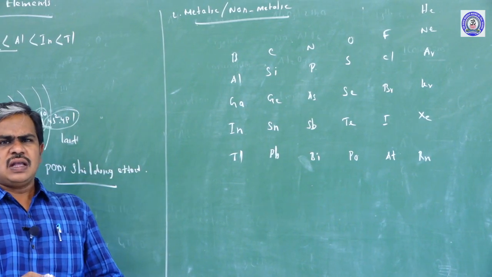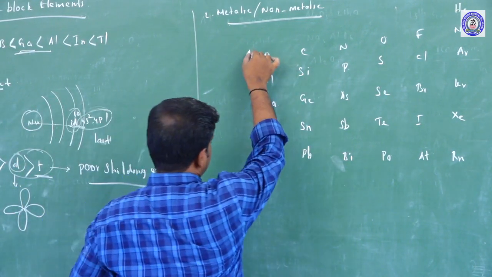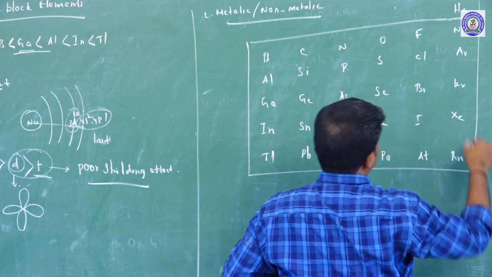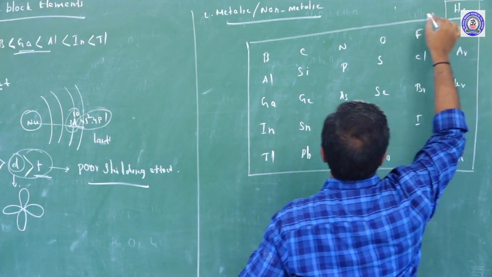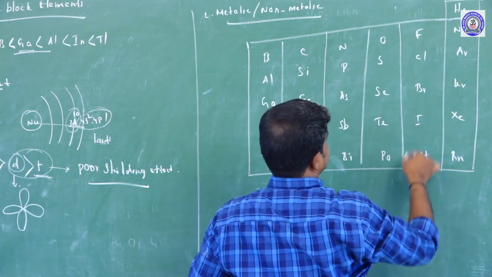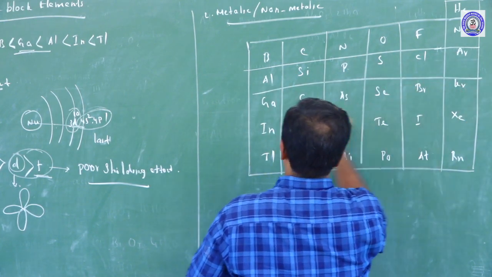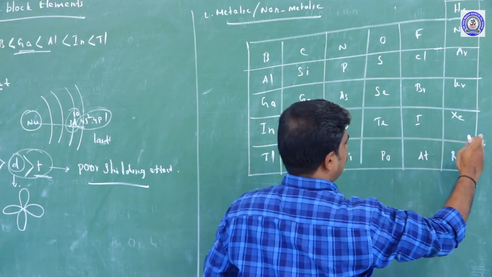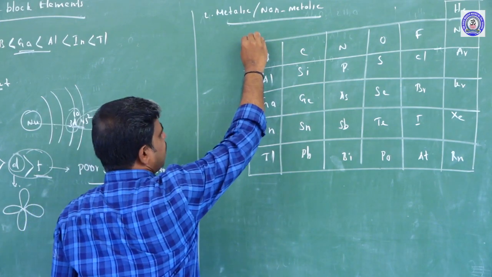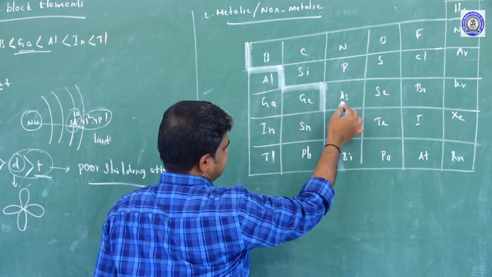How will you identify the metal and non-metal in p block? This is a simple one. Listen, if you take the p block elements group-wise, it is the 13th group, 14th, 15th, 16th and 17th, and here are the periods. Now a simple trick: starting from boron, we take the steps.